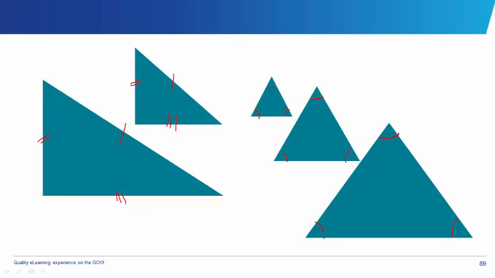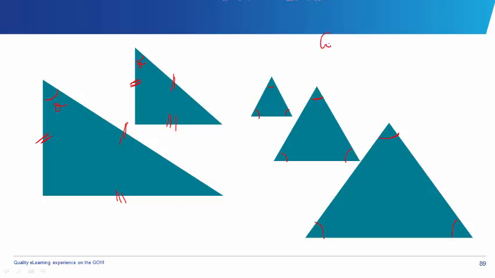Or we have two sides equal. So let's say just these two sides, 1, 2, 1, 2, are equal, and the included angle is equal. Then maybe you have this angle theta and theta, they are equal. Or you just have one side equal to one side and two angles equal.